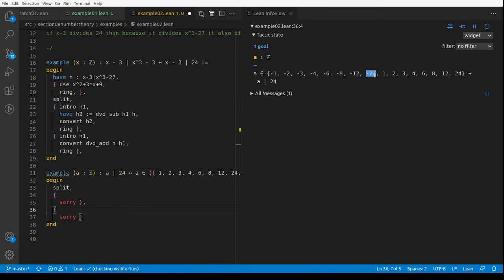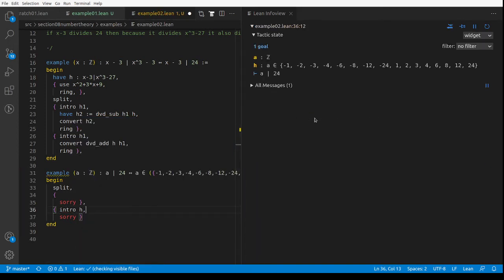So if A is one of those things there, then A divides 24. So, I don't know, intro H. This is just a massive OR statement. This is definitionally A is -1, or A is -2, or A is -3, or blah blah blah.